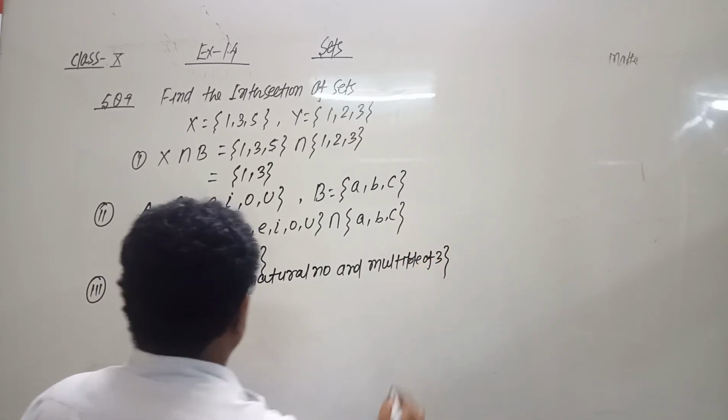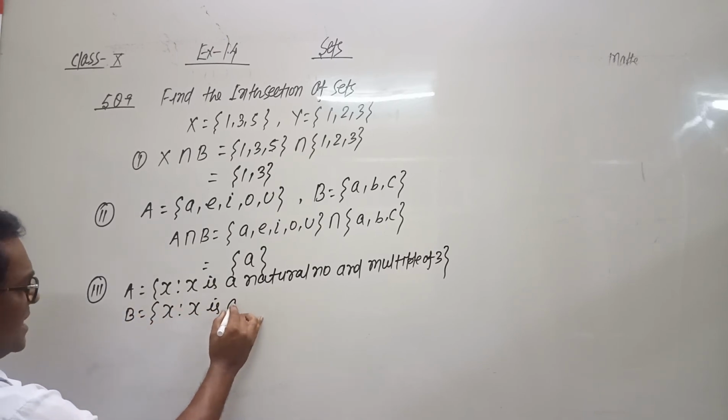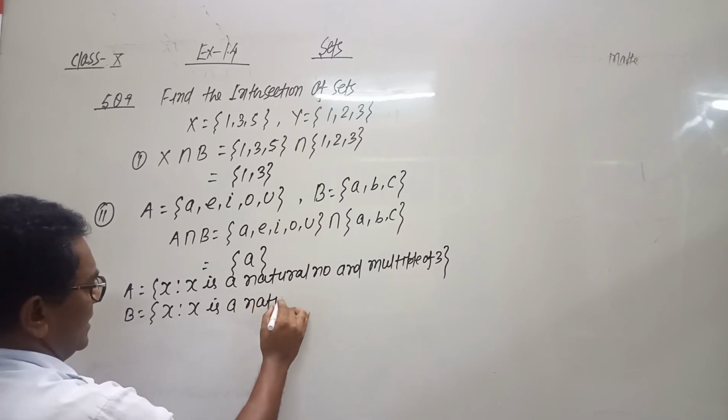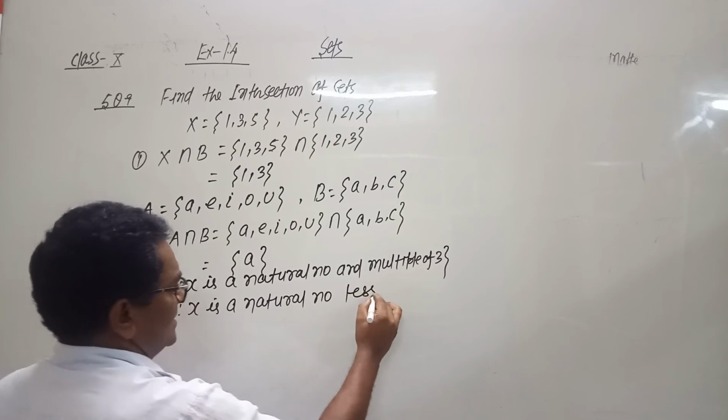And set B is x such that x is a natural number less than 6.